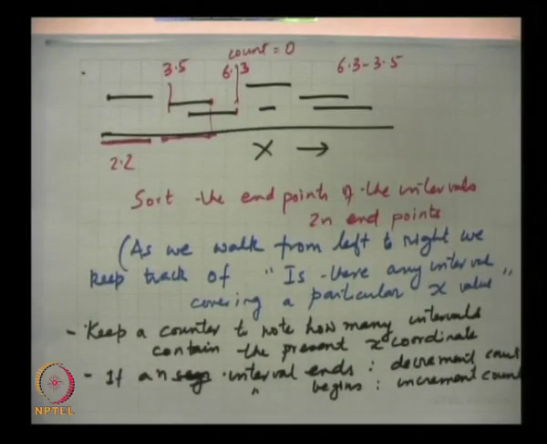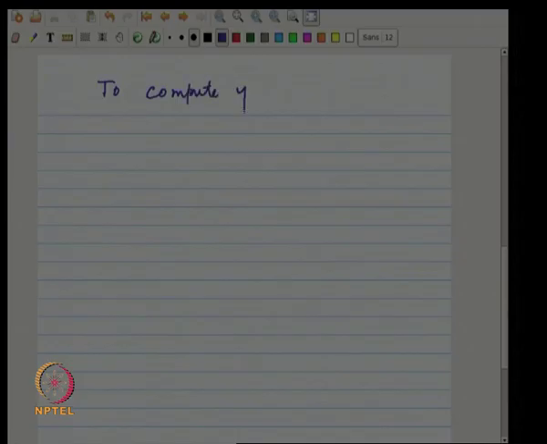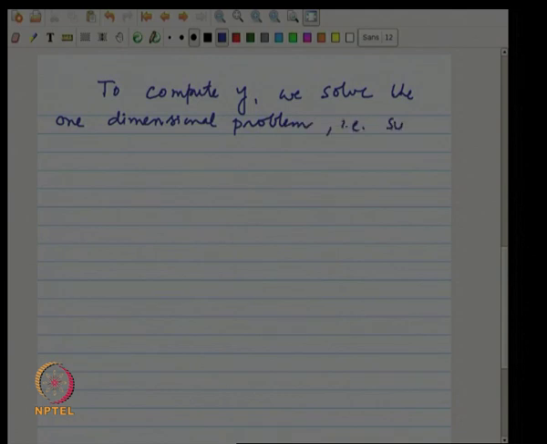Let me just note what we noted essentially: to compute the intercept with the y axis, we solve the one dimensional problem, i.e. the measure of the union of intervals, again by some kind of line sweep method, let us say.